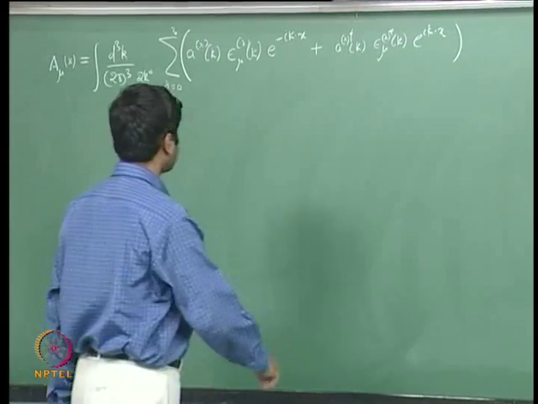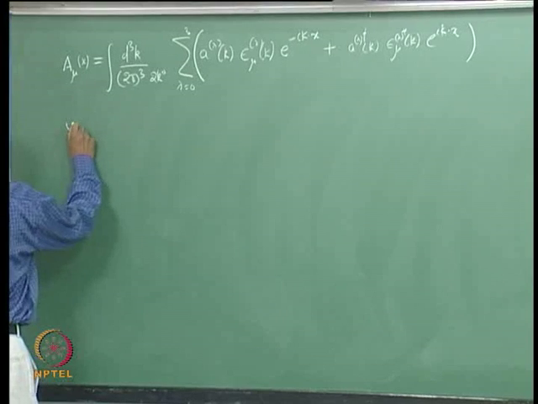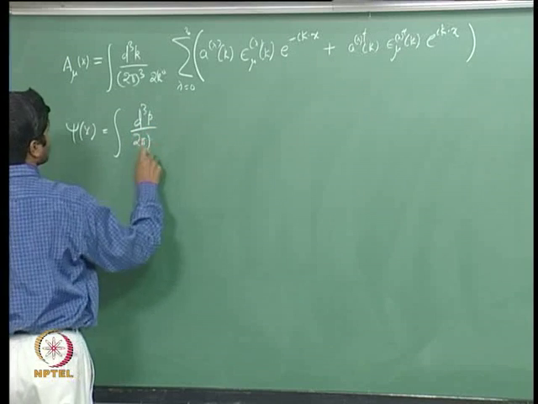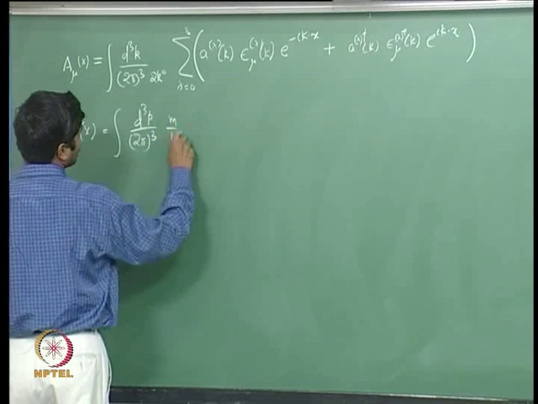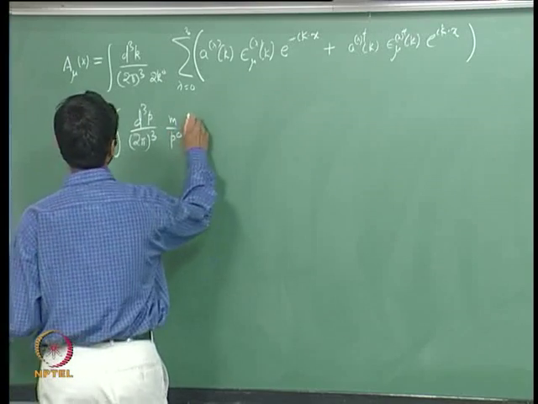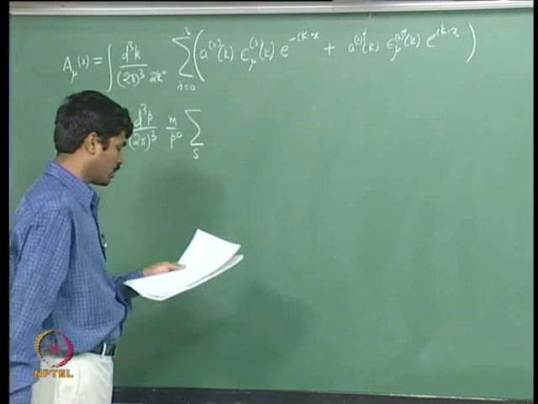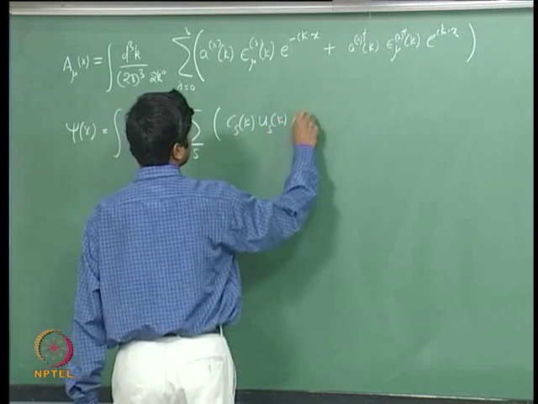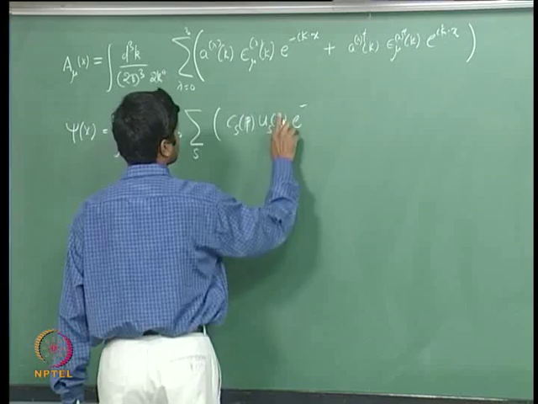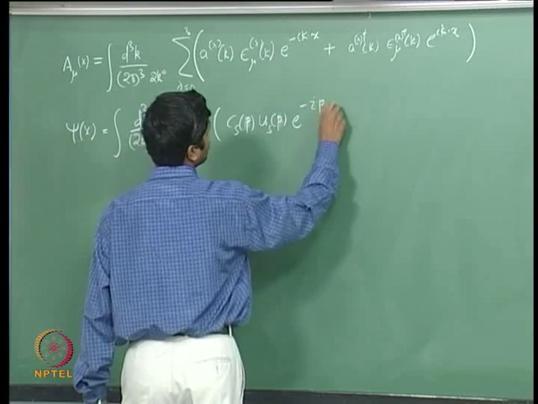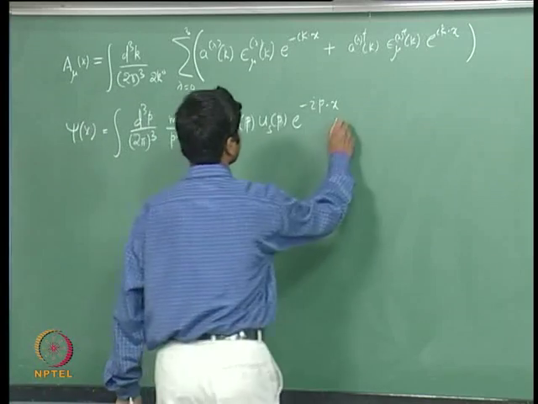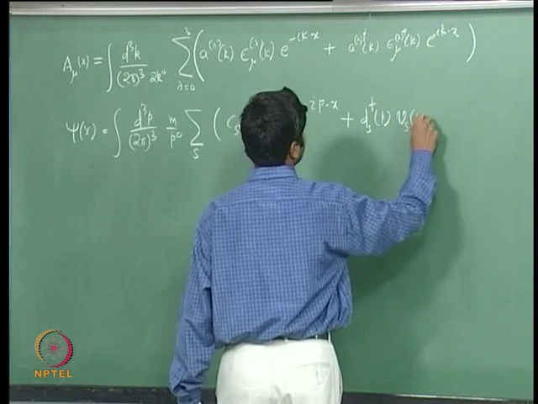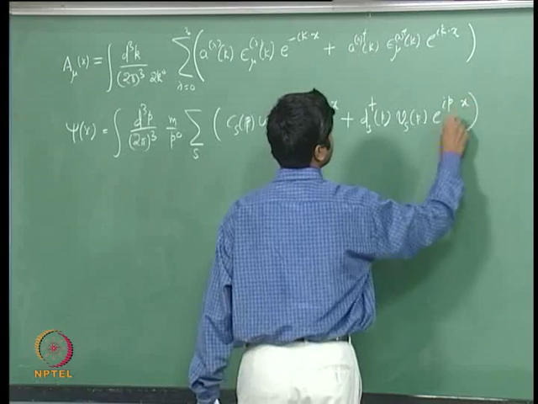Then we have the Dirac field psi of x, which is given by the integral of d cube p over 2 pi cube, m over p0 is the normalization I have chosen, and sum over the spins s, c s of k u s of p e to the power minus i p dot x, then d s dagger of p v s of p e to the power i p dot x.